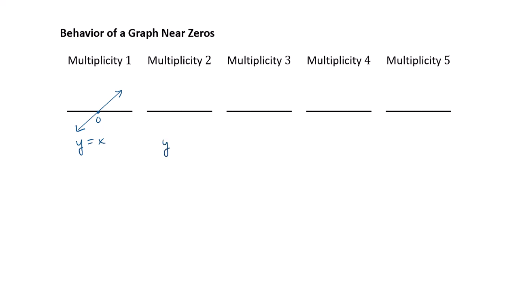If I had something like y equals x squared, what happens is we come down to that zero and touch it and then bounce off. If we had multiplicity 3, again, y equals x cubed, the behavior is that it comes from one side and touches that and then goes through.